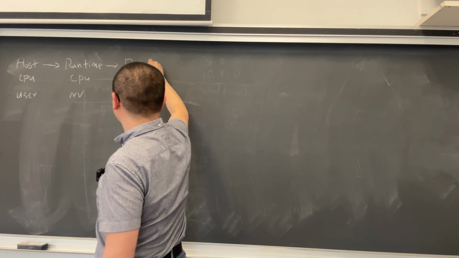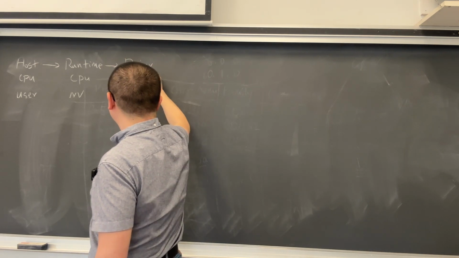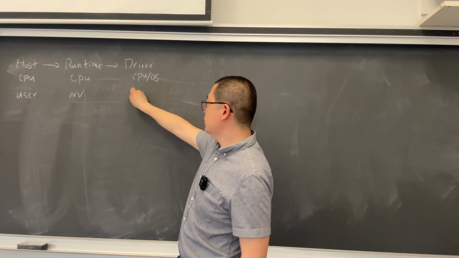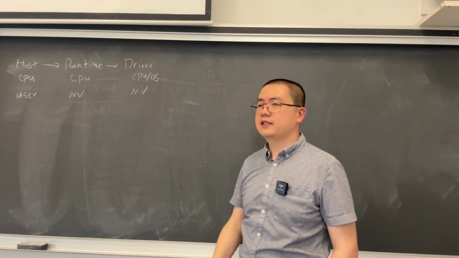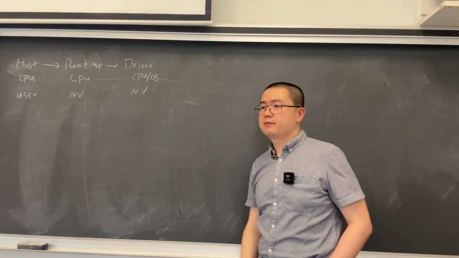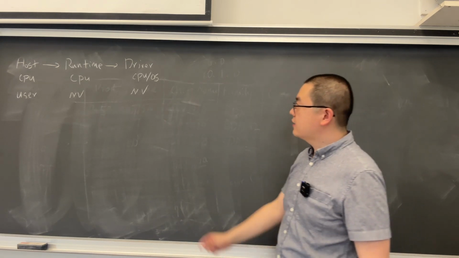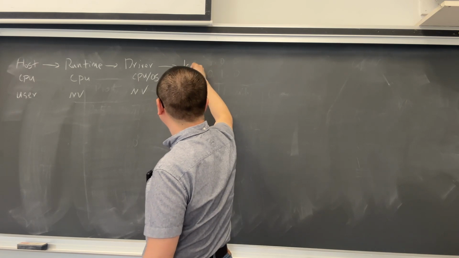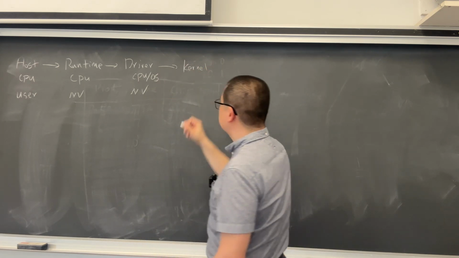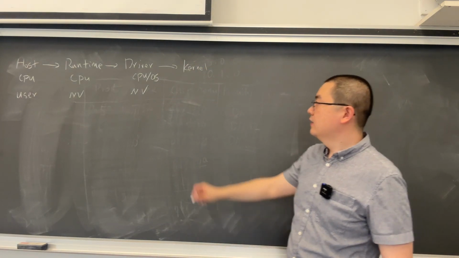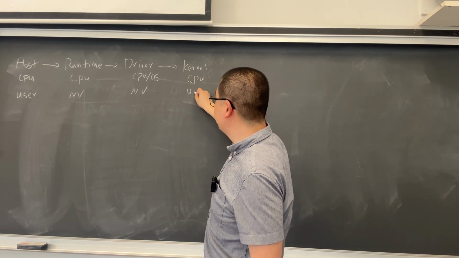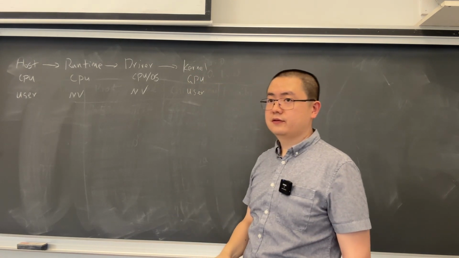It still runs on the CPU, but it runs in the OS domain, in privileged mode. And it's also provided by NVIDIA. There are also some open source alternatives, but it's mainly provided by NVIDIA. Starting from this point, the driver needs to run the kernel that is on the GPU side, which is also implemented mostly by the user.